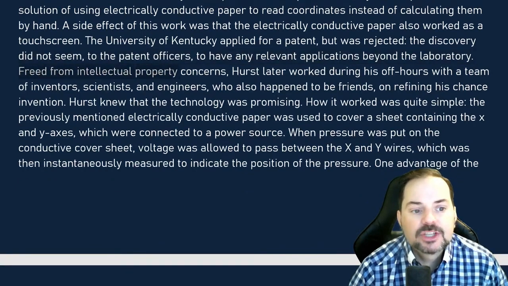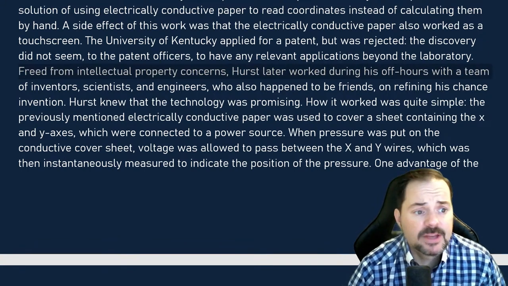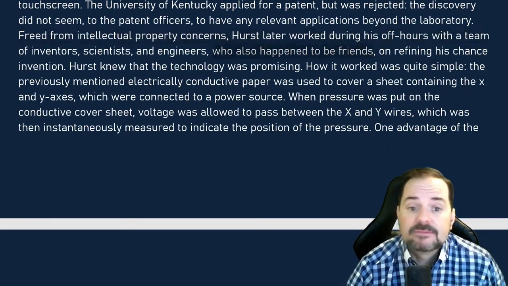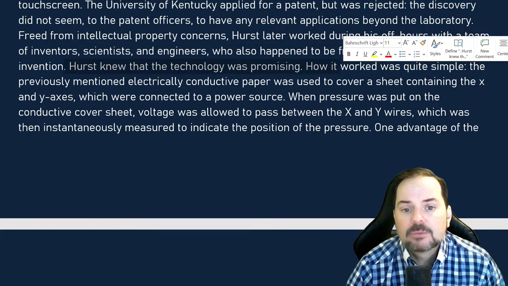Freed from intellectual property concerns, Hurst later worked during his off hours with a team of inventors, scientists, and engineers who also happened to be friends on refining his chance invention. Hurst knew that the technology was promising. How it worked was quite simple.